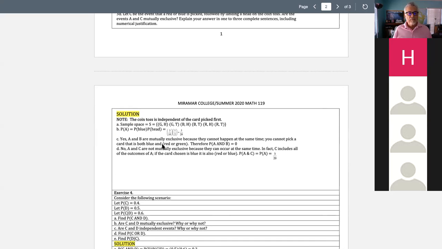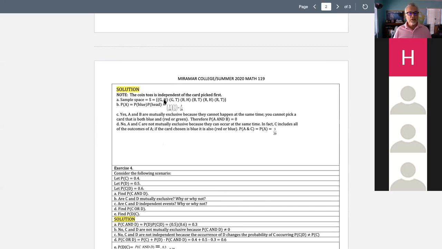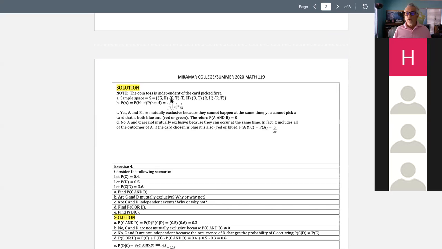We can choose the green card first and then come up with a heads on the toss. Or we can come up with a tails on the toss, having selected a green card. Similarly, blue and red. Blue card, then a heads. Blue card, then a tails. Red card, then a heads. Red card, then a tails.